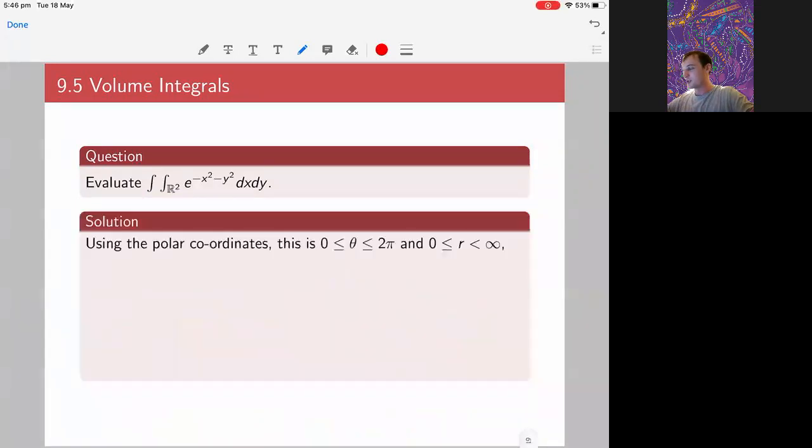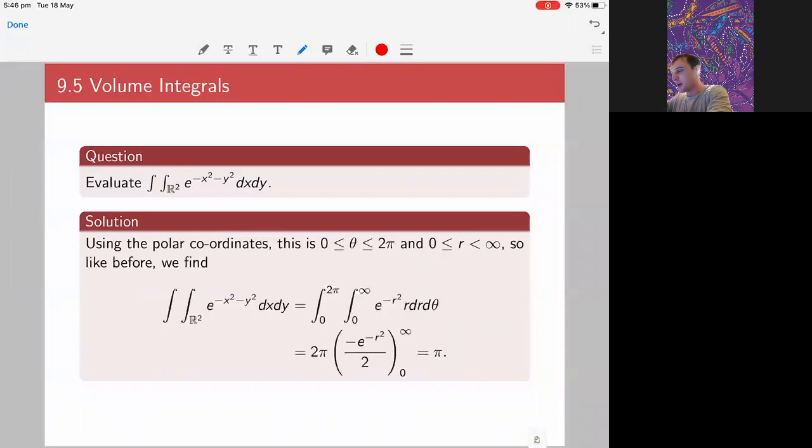Well, as we just saw, it's easiest to do this using polar coordinates, and it's the exact same computation as before, except this time we're going all the way to plus infinity. Now, I haven't really explained what I mean by plus infinity yet, but it basically just means take limits, of course. Using this exact same computation, I get the answer pi.